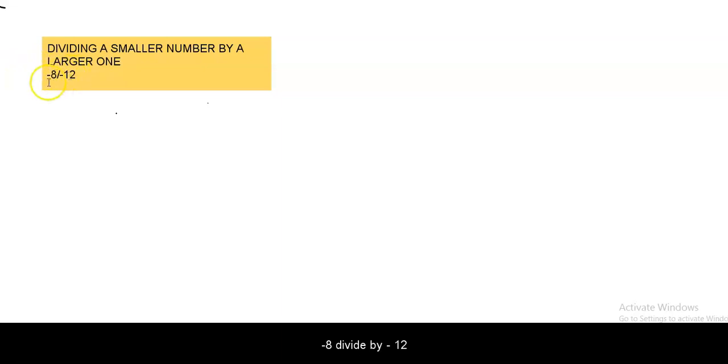Minus 8 divided by minus 12. Going by the rules, we'll have to divide the numbers first before we multiply the signs. Being the dividend, 8 is the dividend and 12 is the divisor.